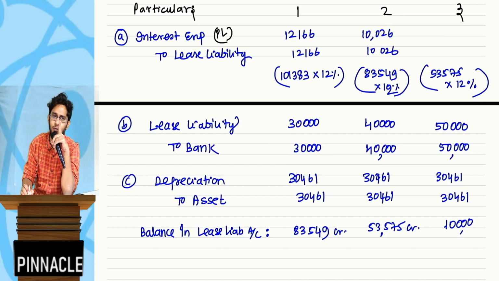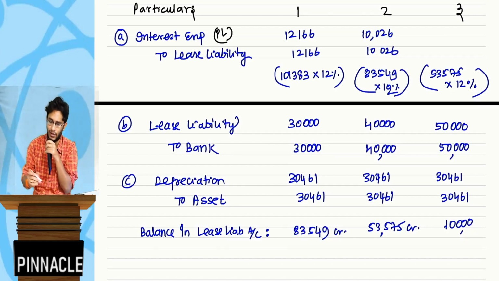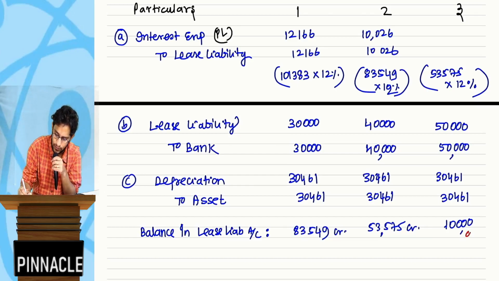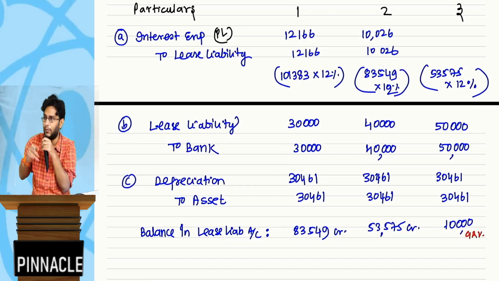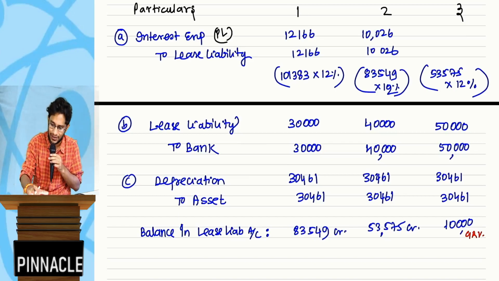So remaining outstanding should be only one payment, which is also at the end of the same year. So 10,000 should be the closing balance representing your GRV. If asset value is 0, then how much I have to pay to the lessor? 10,000. Pay 10,000, lease liability account will become 0. So whether that will become 0 or not depends on the asset value. But for the time being, you leave that part aside.